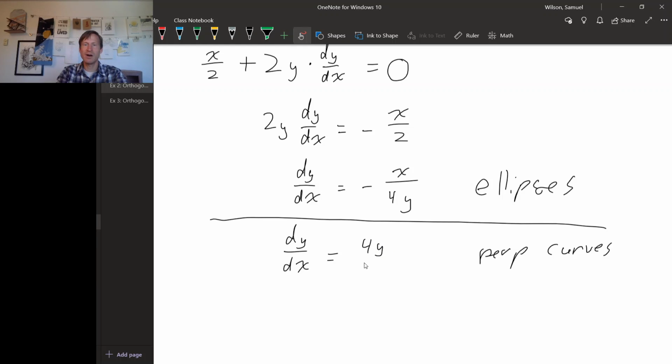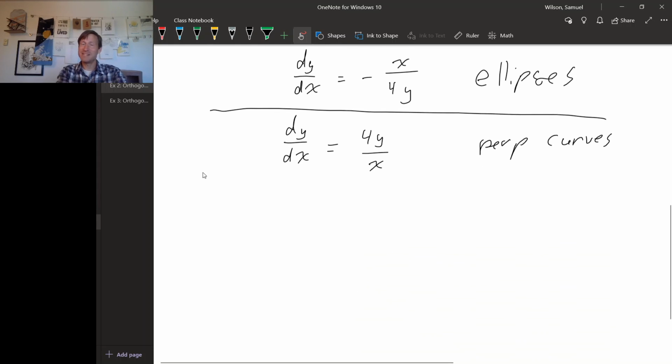So 4y over x. All right. Now, see, we did get a differential equation for the perpendicular curves. And we can solve this differential equation. It looks like it's separable. So let's separate. We get dy over y equals 4 over x dx.